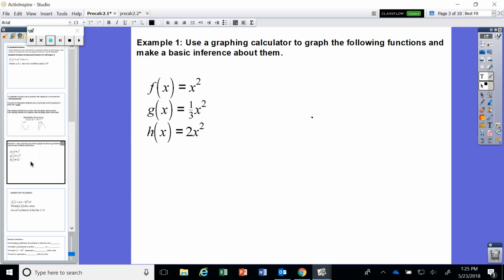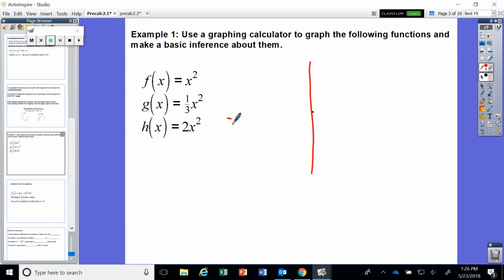What if we went ahead and just did a quick sketch of these graphs? Let's go ahead and do our first one here of x squared. And so that is our basic parabolic function here. Let's give it a very traditional look. Well, what happens, let's say if I change colors here and I make it 1/3 x squared?